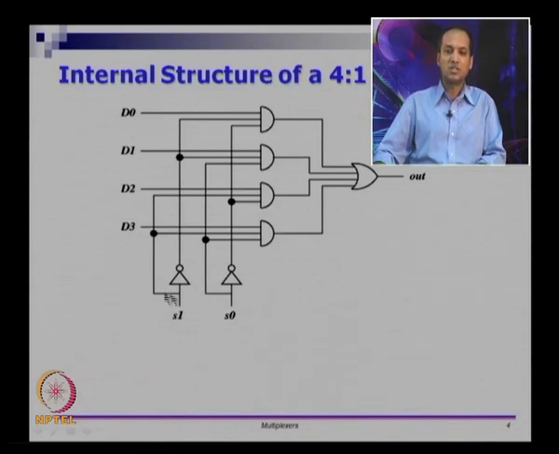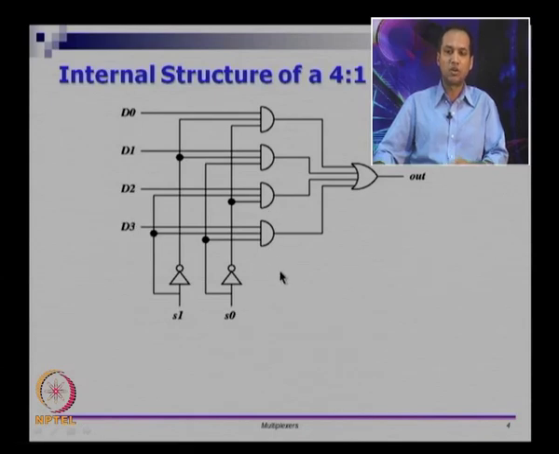Because we have the select lines here, exactly one of these AND gates will be on, the other ones will give us 0, and whichever is on will pass on D0 to out. You can find that out by trying S1 equals 0 and S0 equals 1 and seeing which of the gates is turning on.